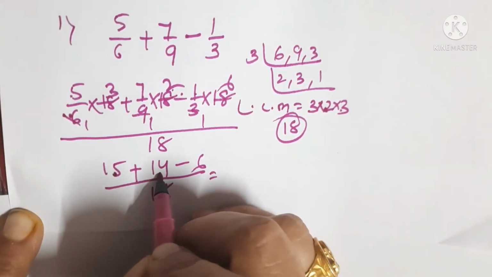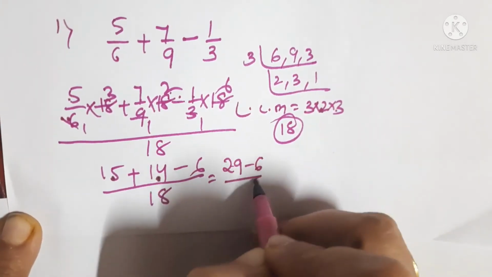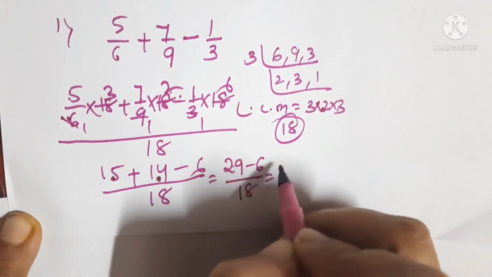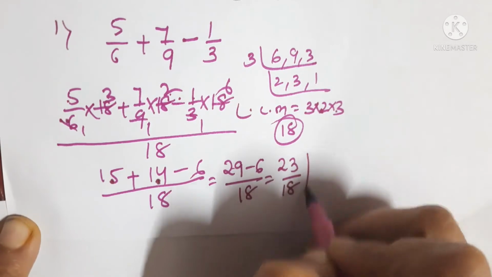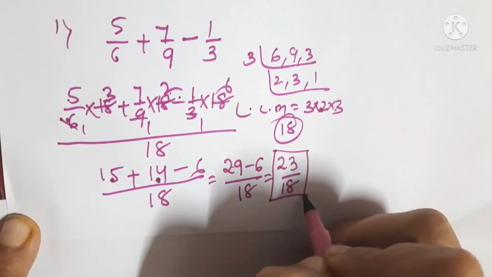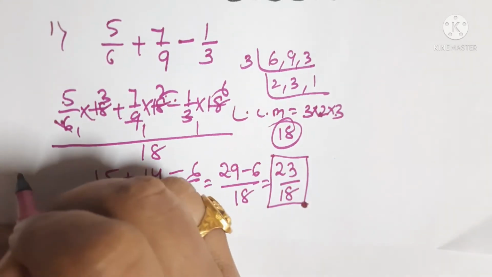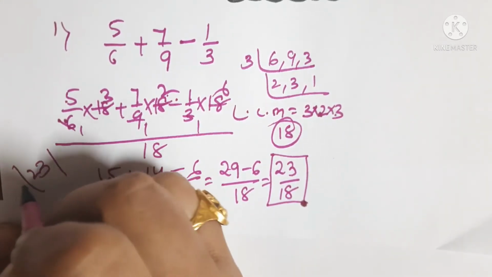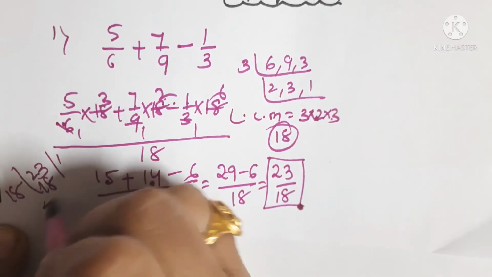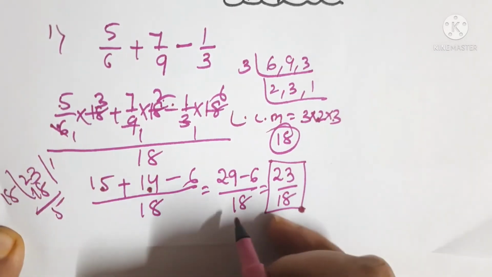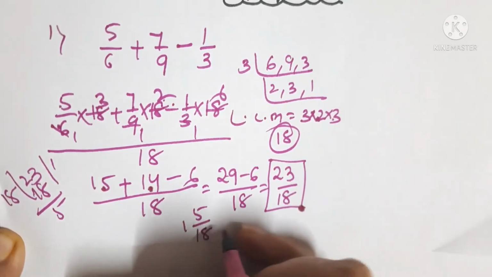Now 15 plus 14 is how much? 29 minus 6 by 18 is equal to 23 by 18. Here you can convert this improper fraction into a mixed fraction. So 23 divided by 18, 18 ones are 18. How much remains? 5. So you will get the answer 1 5 by 18.